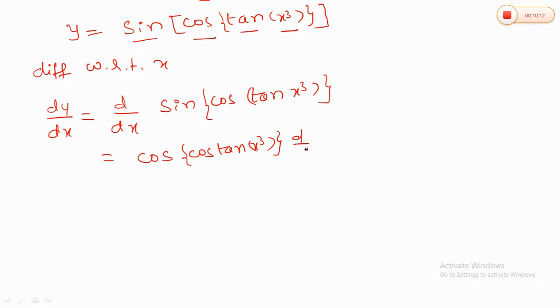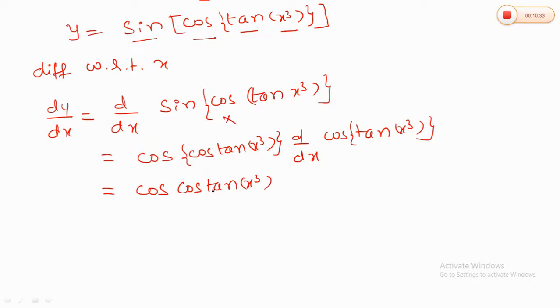Next, after finding the derivative of sine, go for cos. d by dx of cos of tan of x cube. So now this into the derivative of cos, which is minus sine.